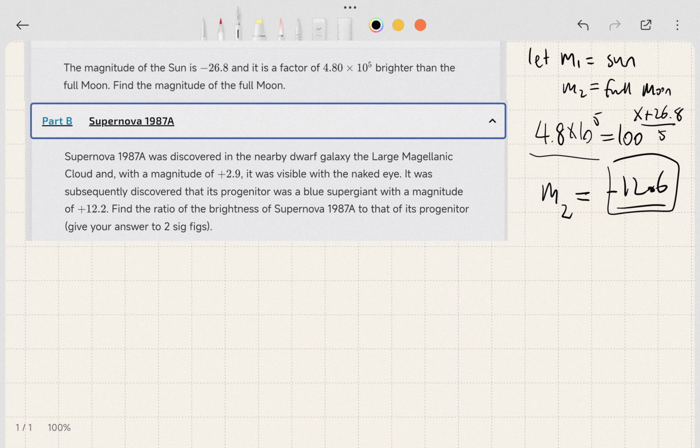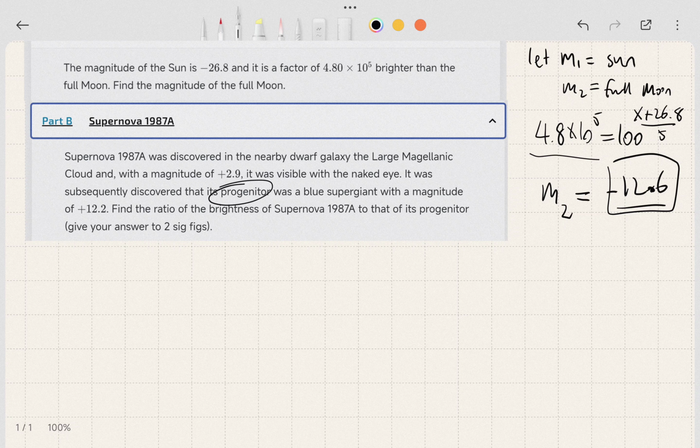It says the supernova was discovered in the nearby dwarf galaxy, the Large Magellanic Cloud, with a magnitude of plus 2.9. It was visible with the naked eye. It was subsequently discovered that its progenitor was a blue supergiant. What does a progenitor mean, actually? This channel is all about learning, so if we encounter something we don't know, let's search it up and make it known.